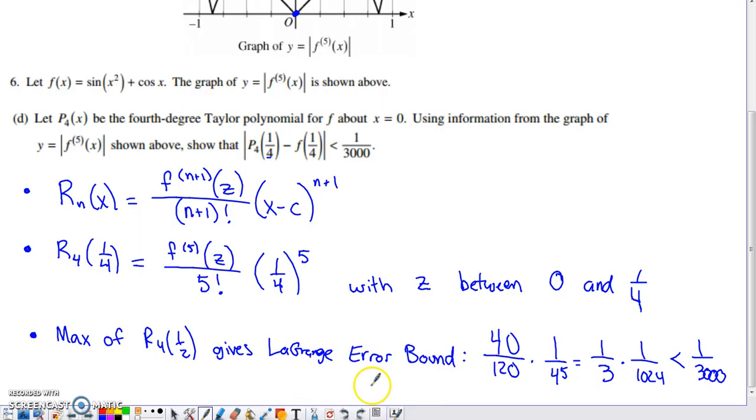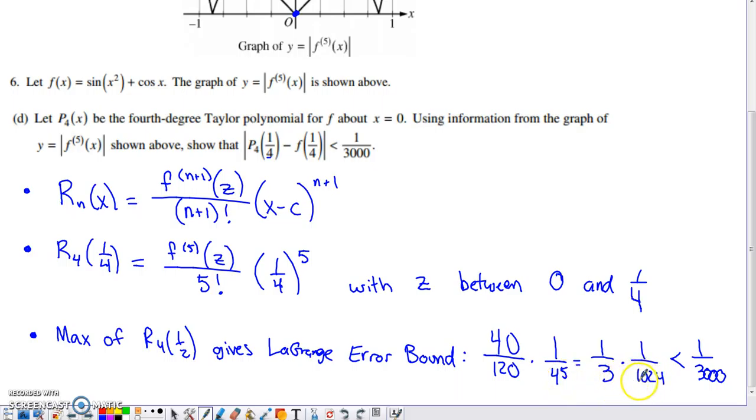So to bound our error, we can take 40, and I've taken 40 because it's going to be simple to put 40 into that numerator and simplify a fraction that has a denominator of 120. Right? 40 divided by 120 is really just 1/3. The only other piece we have is this 1/4 to the 5th power. If you work out what 4 to the 5th power is, that gives you 1024.